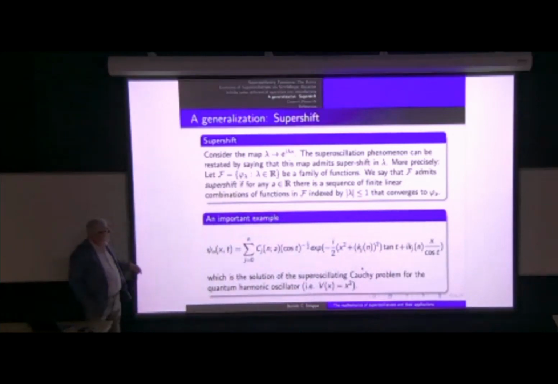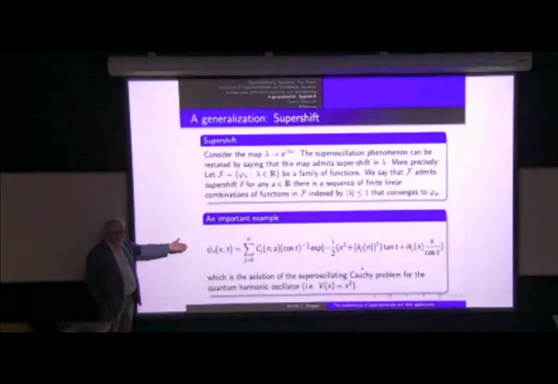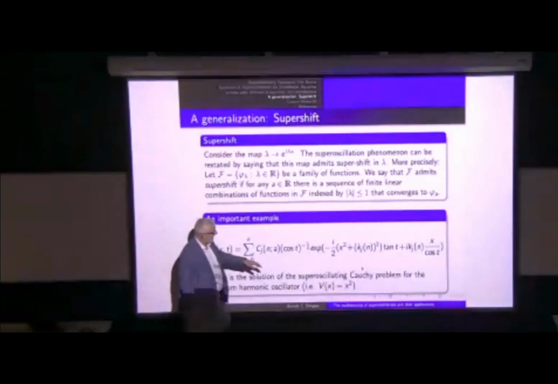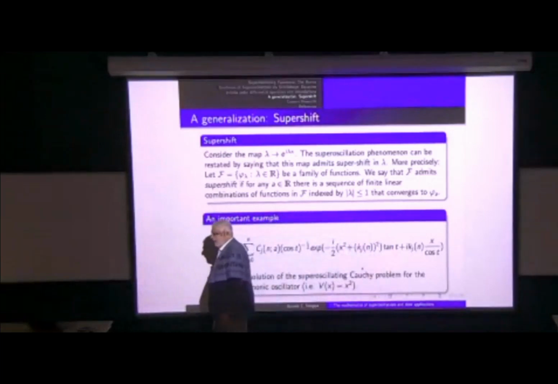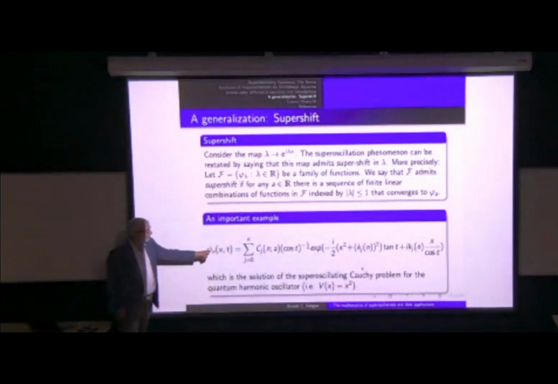But what we show is that I can write the solution if I solve the Schrödinger equation for V equal x squared, the quantum oscillator, and I take as Cauchy data e to the i a x. I'm going to get this function with a here and a here. This family of functions is my family of functions F there.